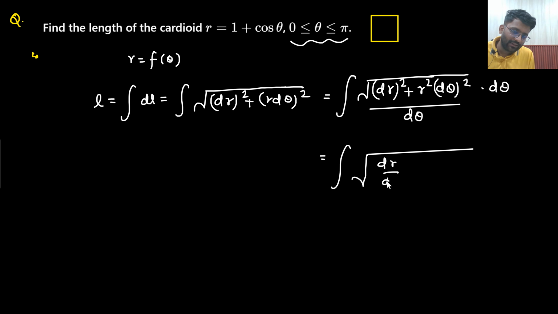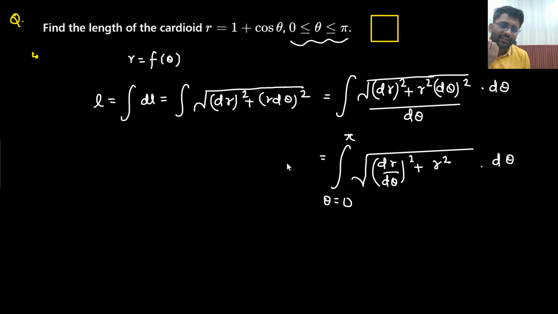So dr by d theta whole square plus r square. This is d theta whole square divided by d theta whole square, so this will become 1 only. So this will become r square d theta.